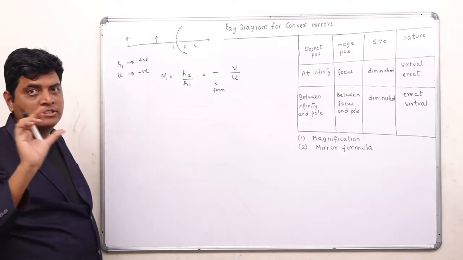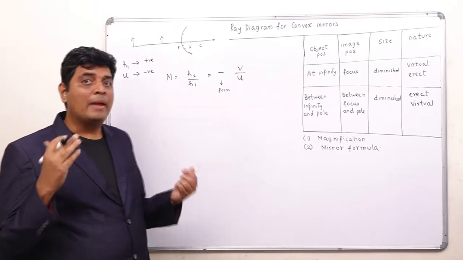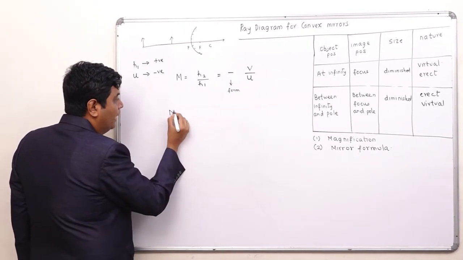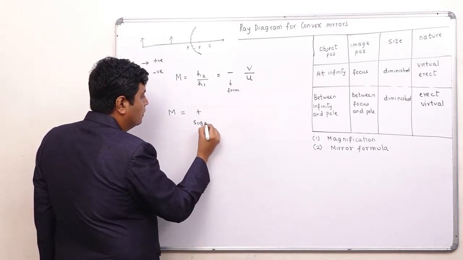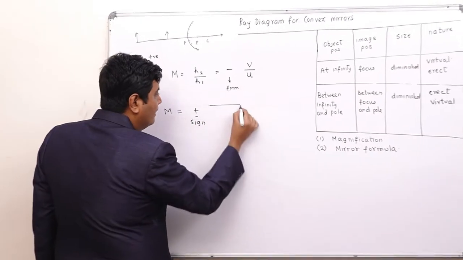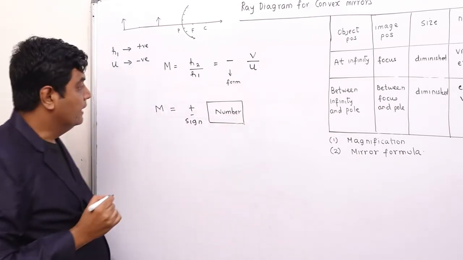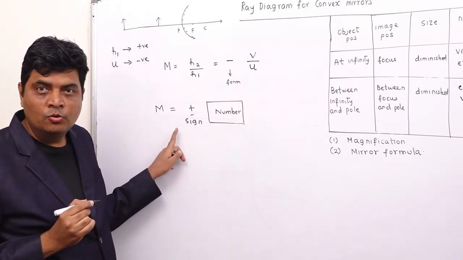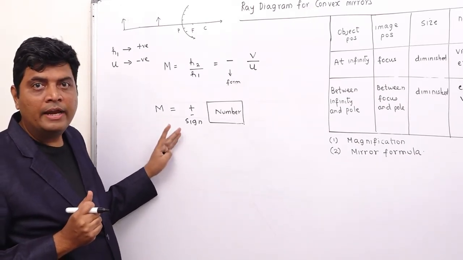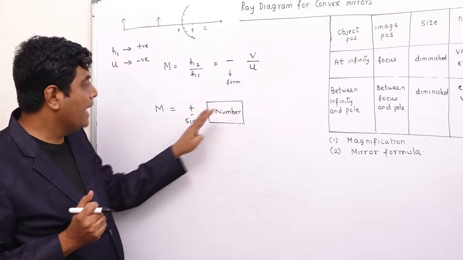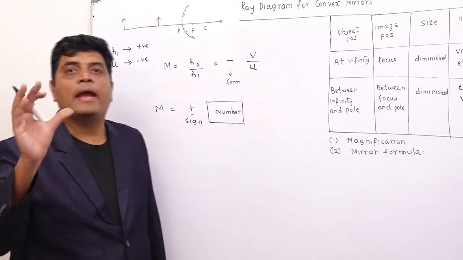If you know the answer of magnification, from that answer you can derive many things. Suppose magnification will have a sign, plus or minus, and it will have a number. This sign will tell you whether it is real or inverted, and this number will tell you whether it is diminished or magnified.